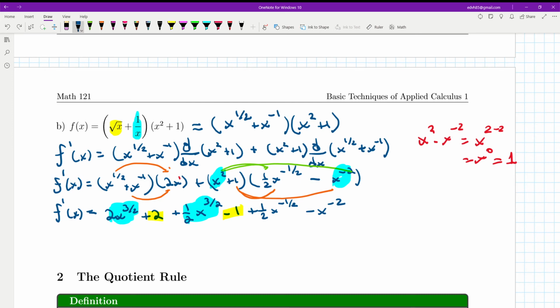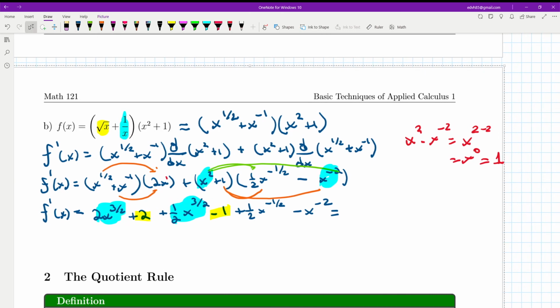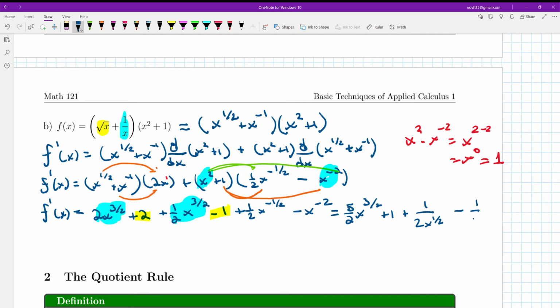So let's combine this to give us 2 plus 1/2, so that'll be 5/2 x to the 3/2, and what else? The next power, I'm going to write 2 minus 1, that's going to be plus 1, and plus 1/2 x to the negative 1/2. I'm going to write this x to the negative 1/2 instead with positive exponent: 1 over 2x to the 1/2, and minus 1 over x squared.